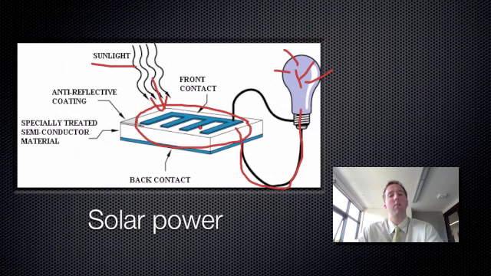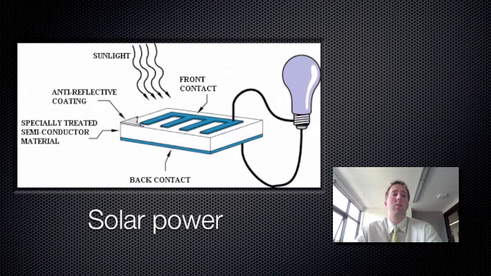All of those solar cells in giant arrays will generate heaps of electricity because of something called the photoelectric effect. That's where some materials absorb light and release electrons. And that's how solar power works.